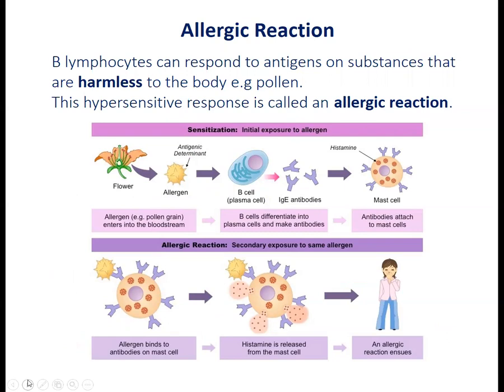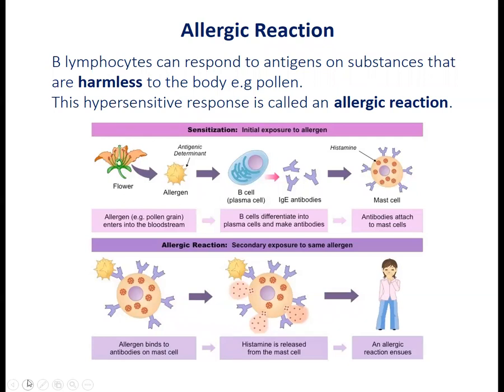Now, sometimes B lymphocytes can respond to antigens on substances that are not pathogens. The most common example, I suppose, is hay fever, where you have an immune response to a substance that enters your body that isn't dangerous, it's harmless.